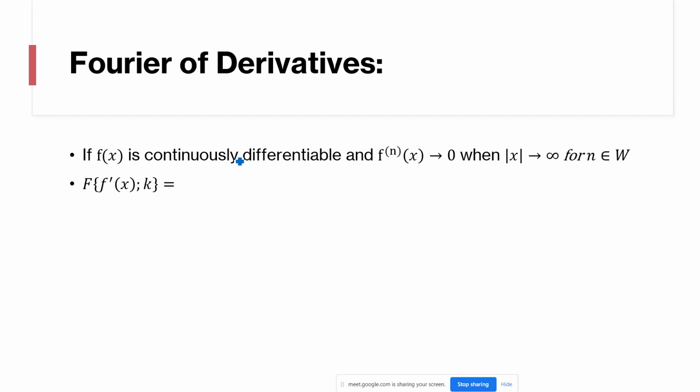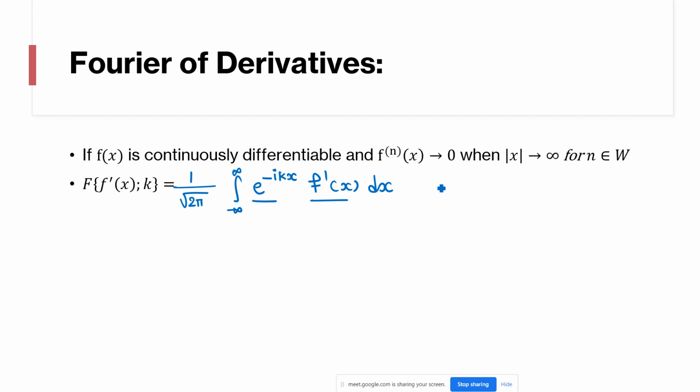So by the formula, the Fourier transform is 1 upon root 2 pi integrating from minus infinity to infinity e raised to minus ikx f dash of x dx. We have to apply the u into v formula.